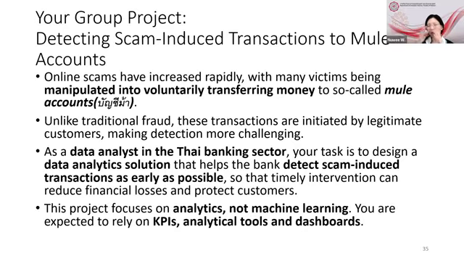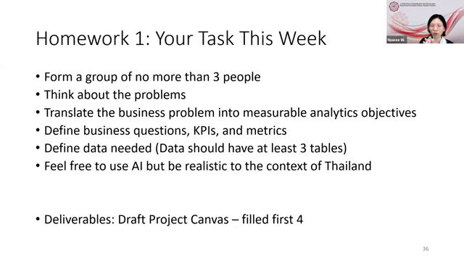Each group has their own business objective, business questions, key metrics and KPIs, and also data needed. Later on, I will let you use Gen AI to generate data from the schema of the data that you come up with. You can do it right now, but you can also do it later.